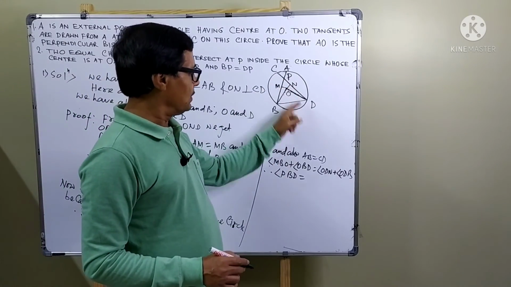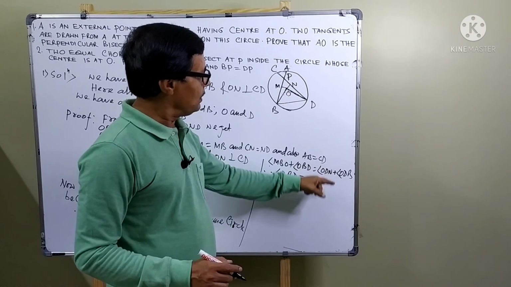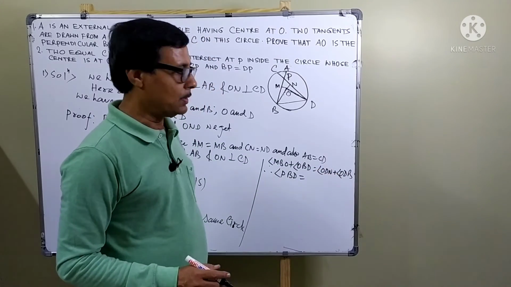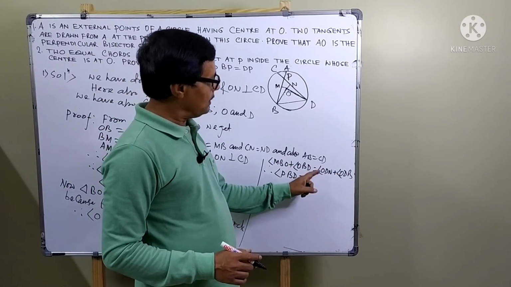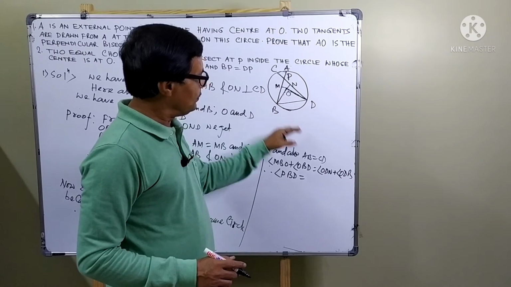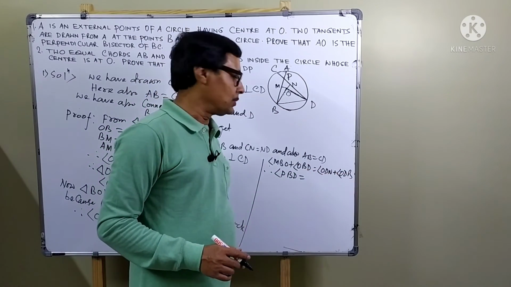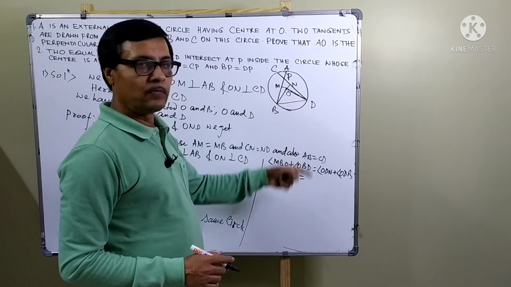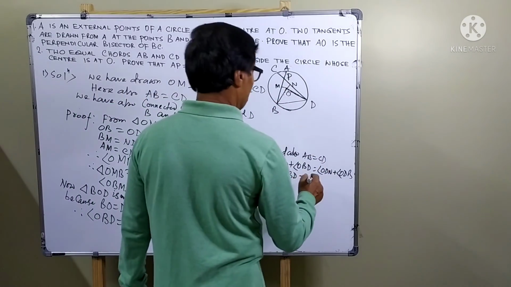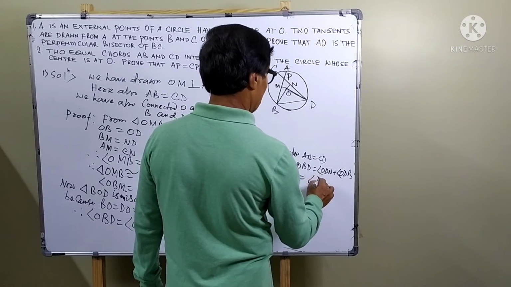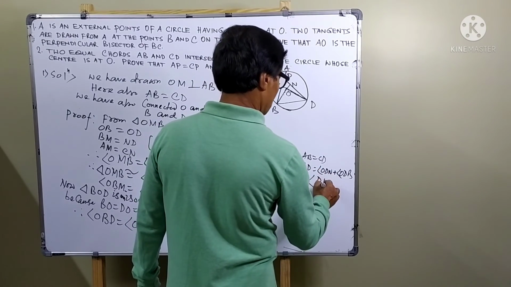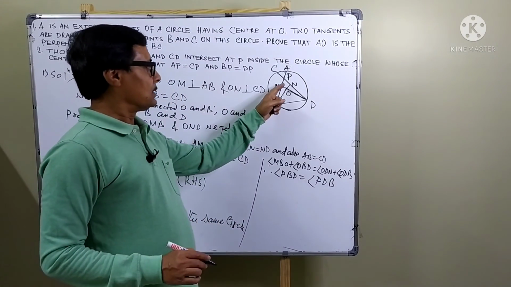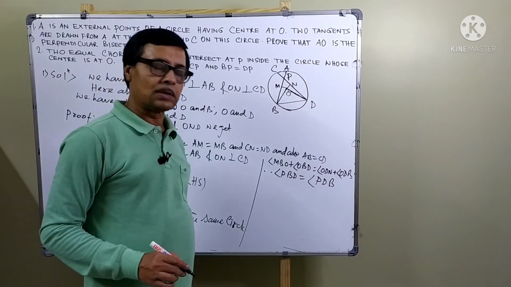So we can write PDB in place of ODN plus ODB, because if we sum up these two angles we get the angle PDB. So angle PBD equals angle PDB.